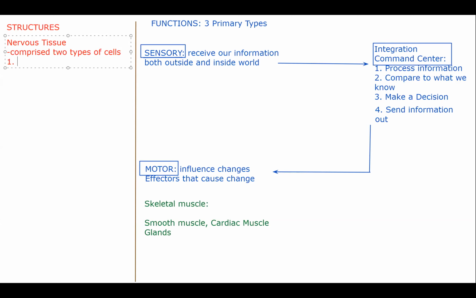The first of those are our friends, the neurons. These are the functional cells. These are the ones that produce the action potential. These are the ones that send the information. These are the ones that do all of the heavy lifting that we need to be able to do. And the second are what are known as glial cells. They're also known as neuroglial cells.